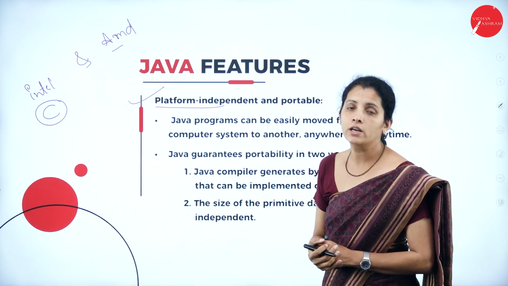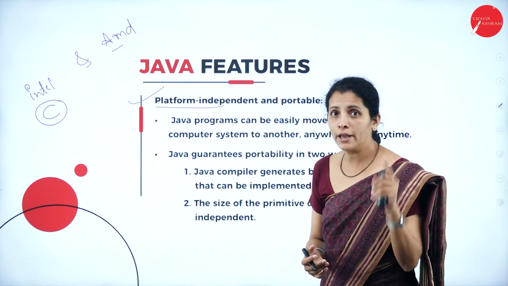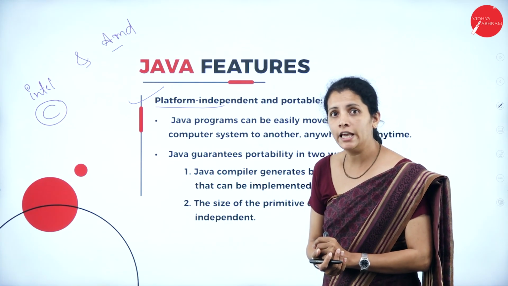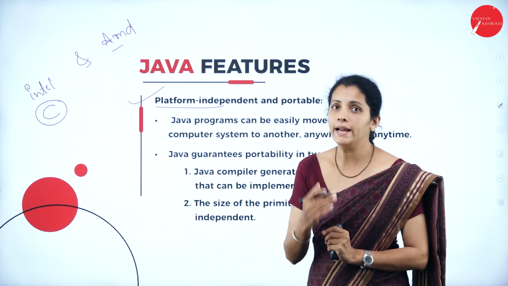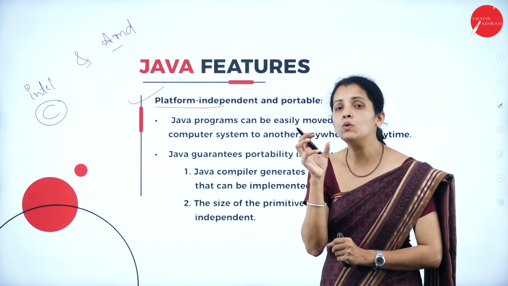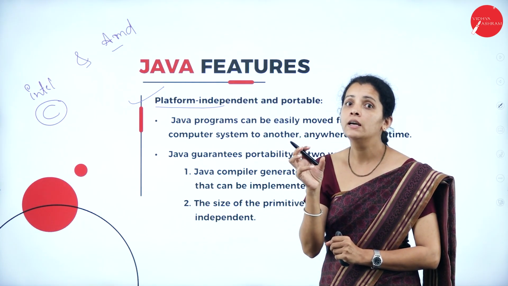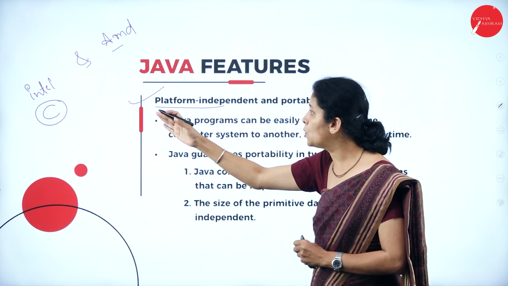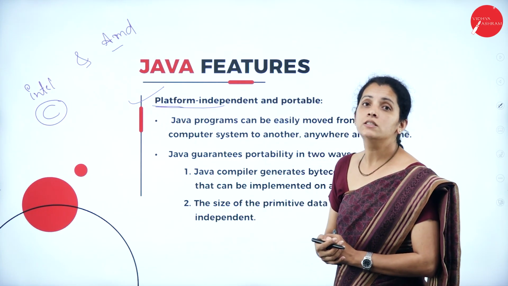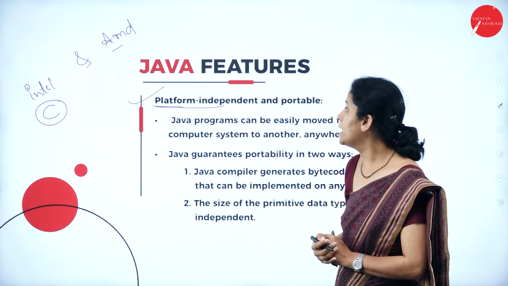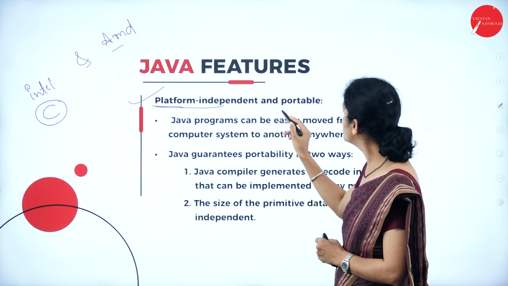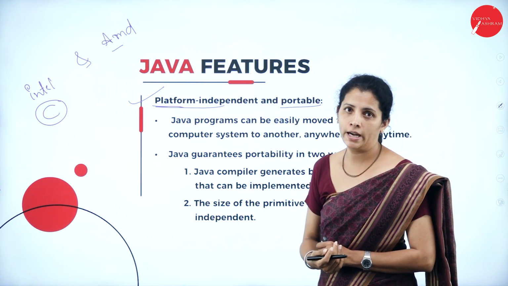Why is it called machine independent? Because it has its own nature, that is byte code. This byte code is called intermediate code. Because of the byte code, all Java programs are known as platform independent and also portable.